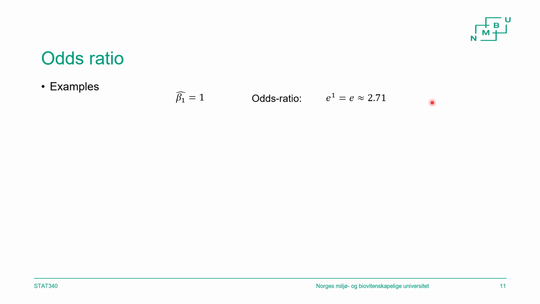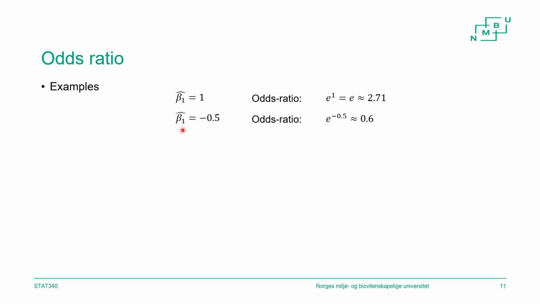So it grows. The odds for the target class grows, meaning that the probability also grows. Remember the odds is the probability of the target divided by the probability of the other class. So when the odds grow, the probability grows.